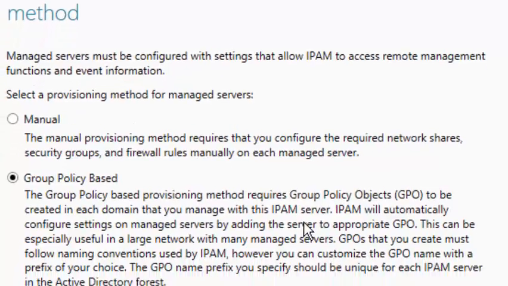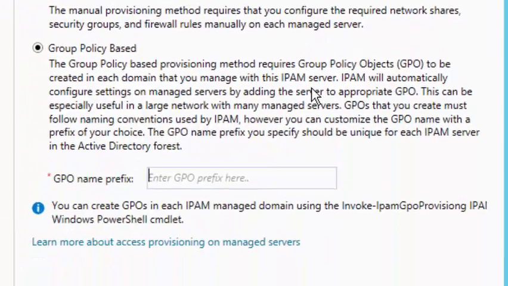If you use group policy, then a policy object is going to be created for you in group policy management. So IPAM will automatically configure the settings on the managed servers by adding the server to the appropriate group policy objects.